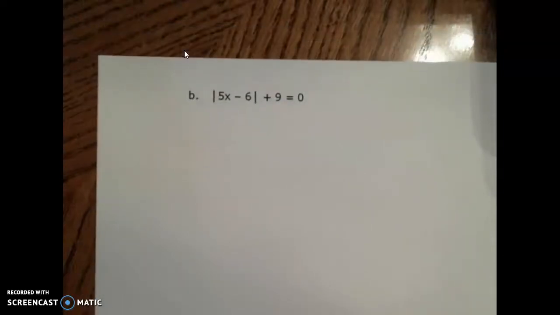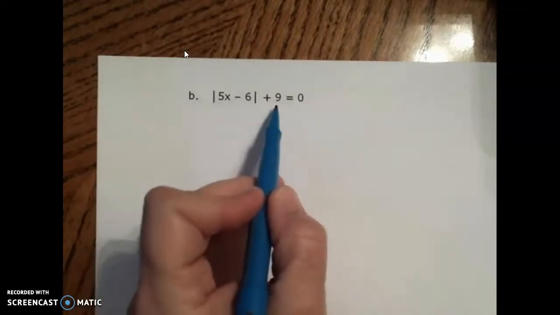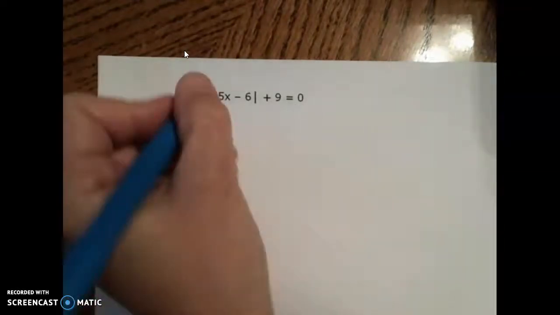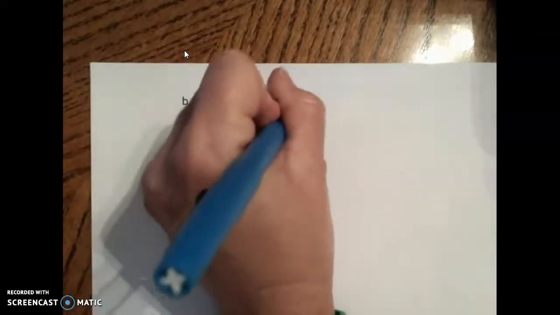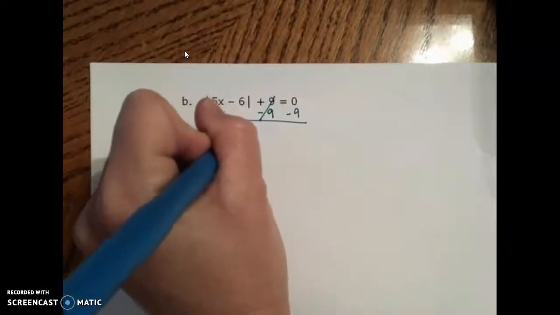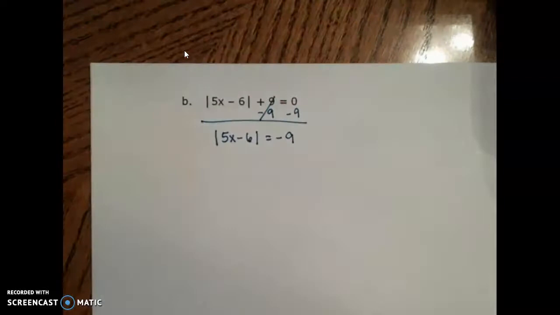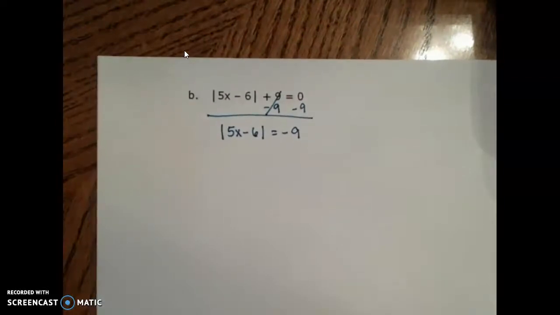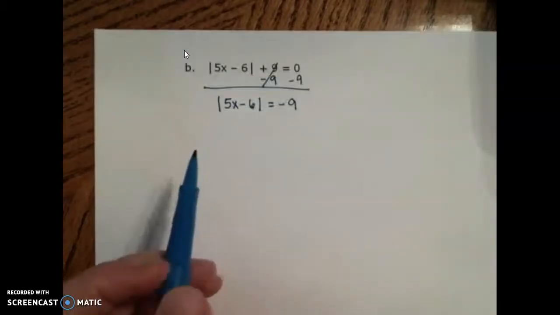So our next example gives us the absolute value of 5x minus 6 plus 9 equal to 0. So the first thing we would do is get the bars by themselves, so we would subtract 9. That's going to leave us the absolute value of 5x minus 6 equals negative 9. So your first instinct is to drop the bars and set your two equations up.